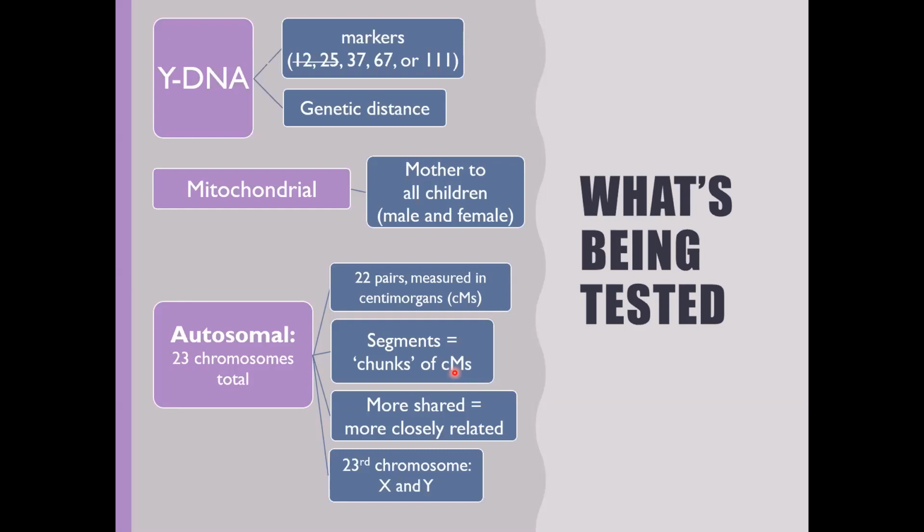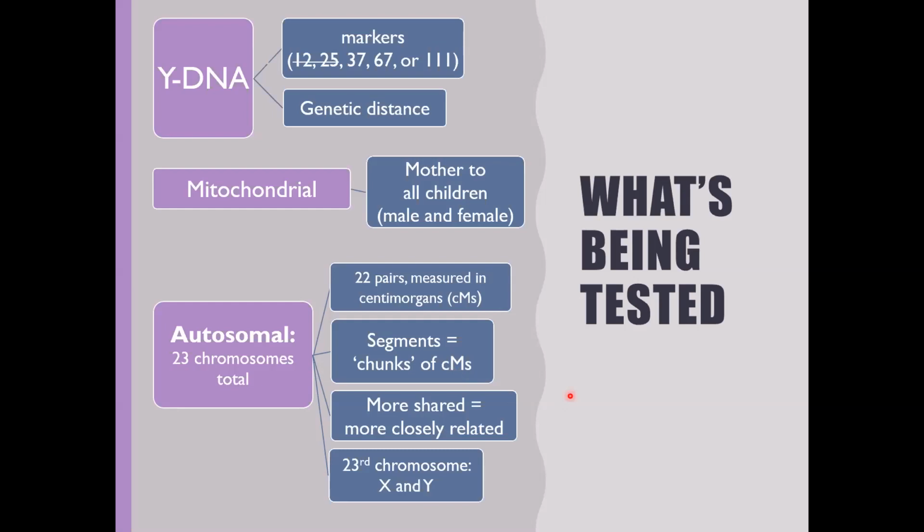Mitochondrial DNA changes much more slowly. And so it's much harder to use, and right now it's easier to eliminate, to say that two people aren't related. Because if you're a match on the mitochondrial DNA, your most common ancestor between 2 people could still be 1,100 years ago, and that's outside of genealogical time.